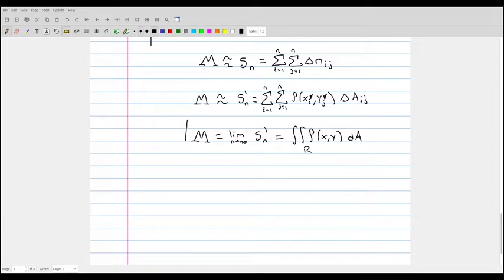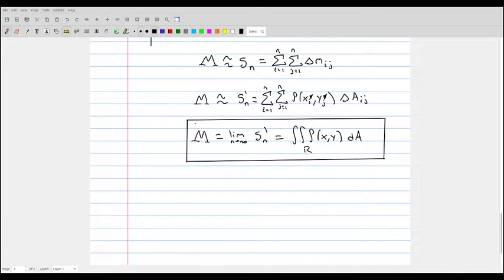And there you have it. So this is a very nice justification of why this formula should hold and why it does hold in general. So if you want to calculate the total mass or total charge contained in a region, all you have to do is take the double integral of the density function for that region.